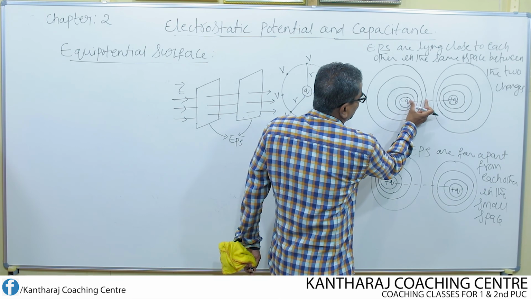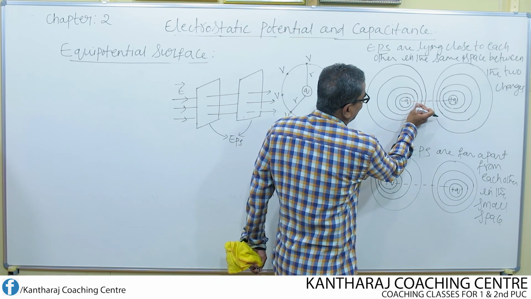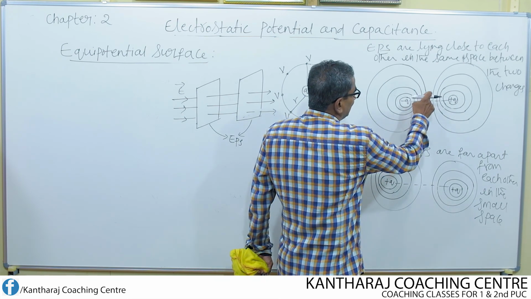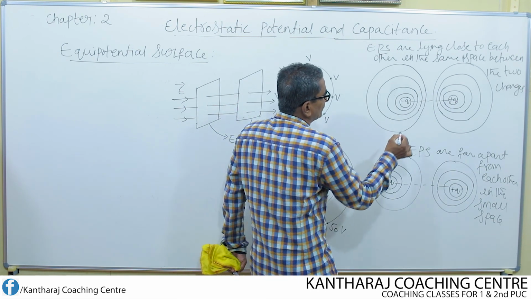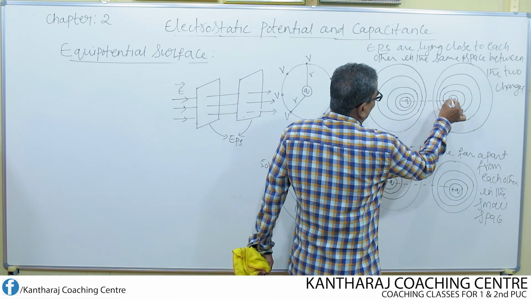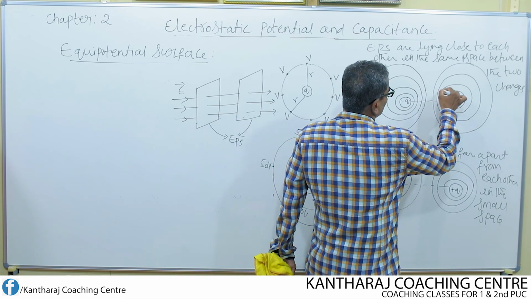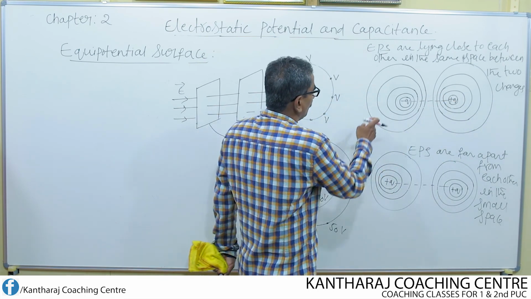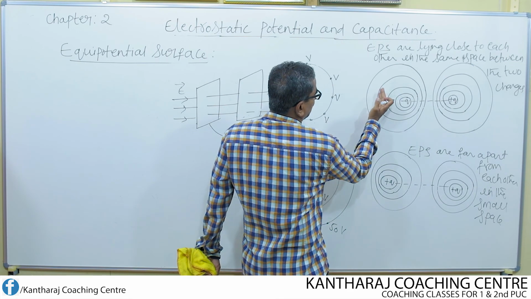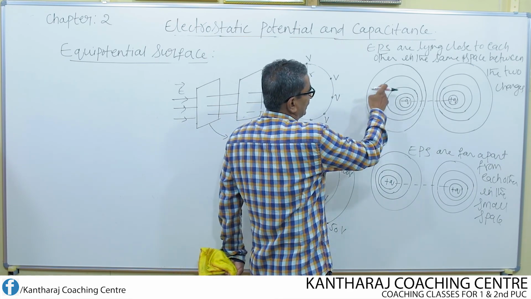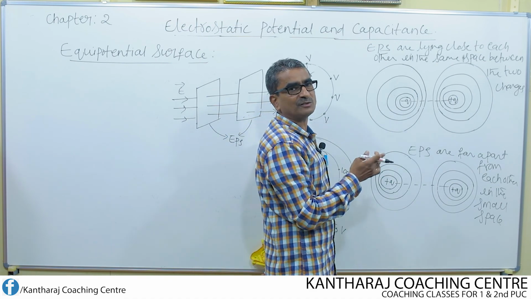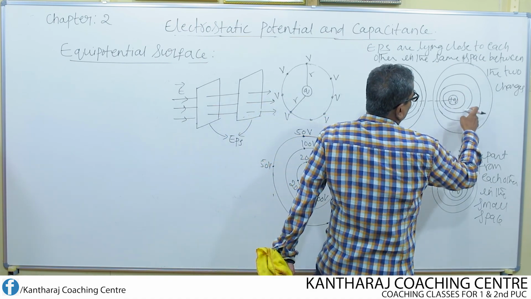If the equipotential surfaces are lying close to each other, then in that region, electric field is strong. That means now this region and this region become the strong field region. What about this region where the equipotential surfaces are far away from each other? It's a weak field region. In this region, electric field is weak.